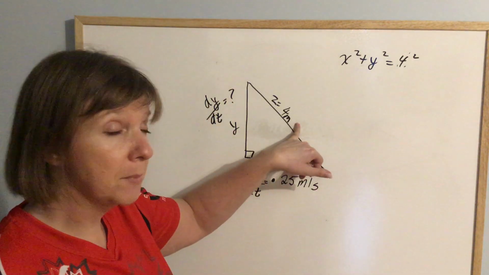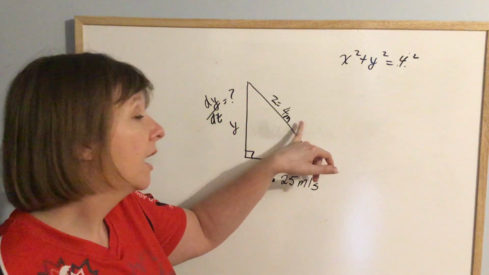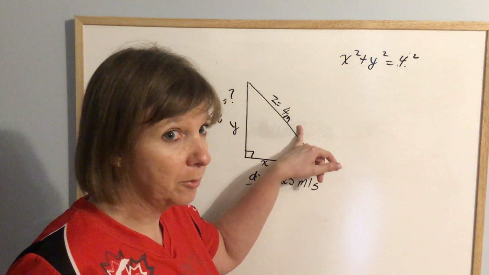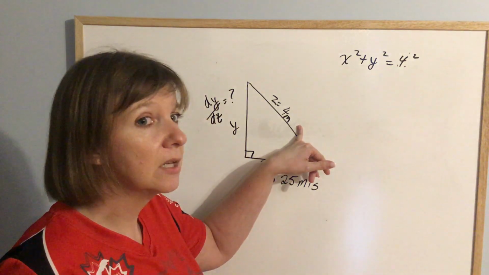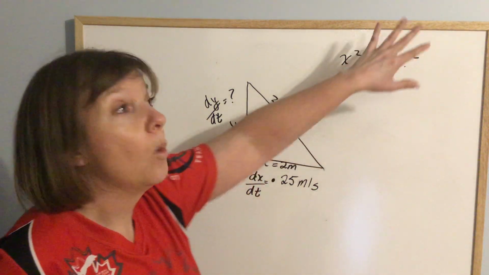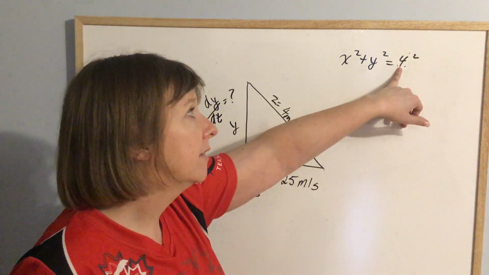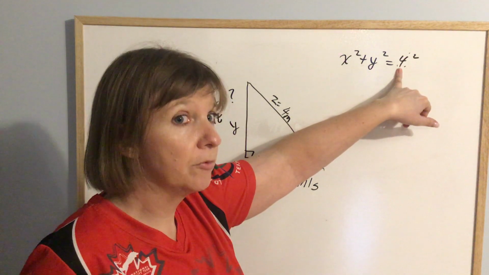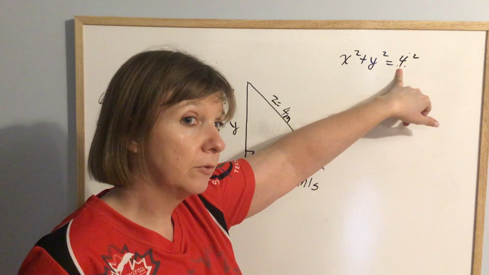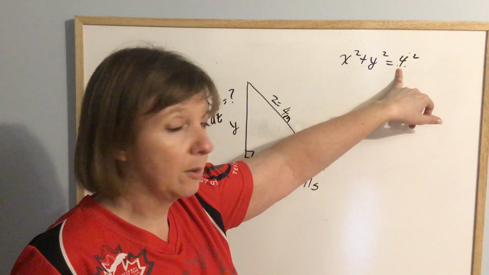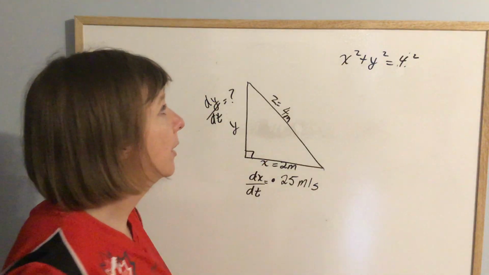I don't have any information about dz over dt, and I don't want any information about dz over dt. They haven't asked me anything about it, so I don't want it in my question. So by making this an actual number instead of a variable, when I do the derivative, it will be 0, and I won't have a dz over dt.